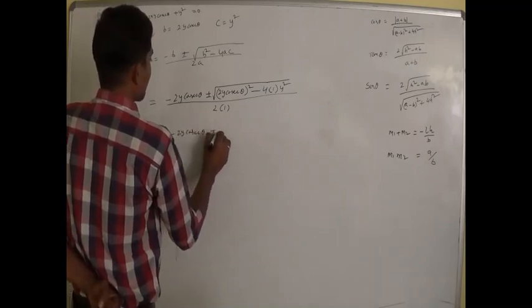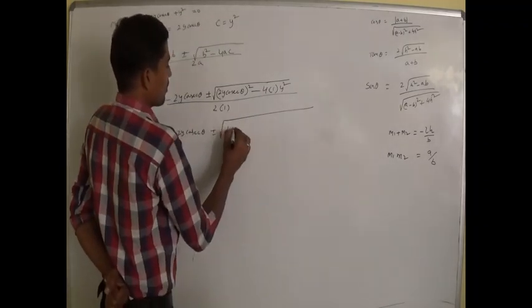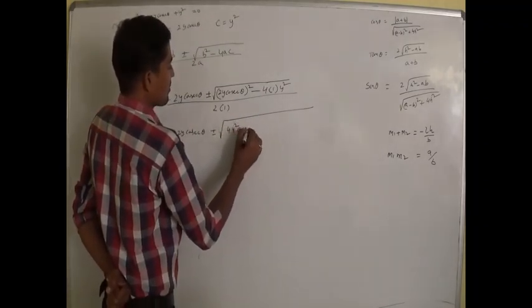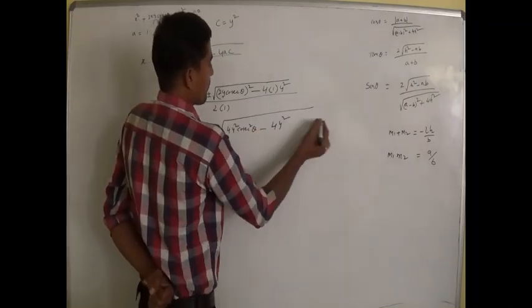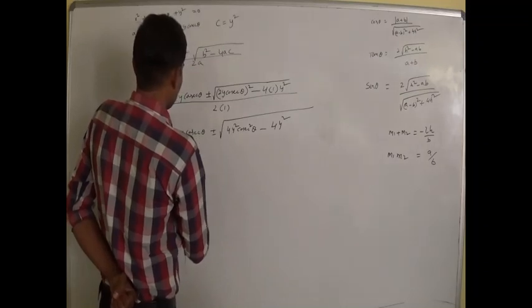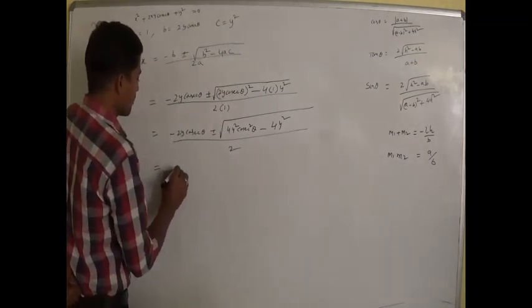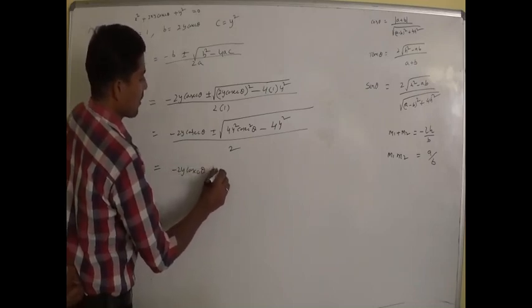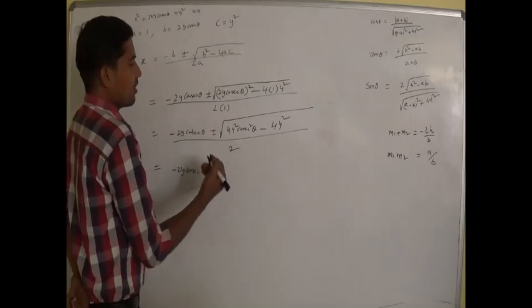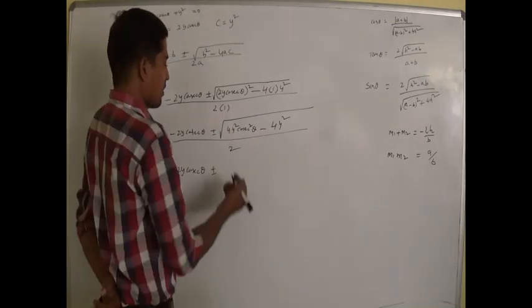cosecant theta plus or minus square root of 4y square cosecant square theta minus 4y square by 2, which is equal to minus 2y cosecant theta plus or minus, see, take 4y square as common.